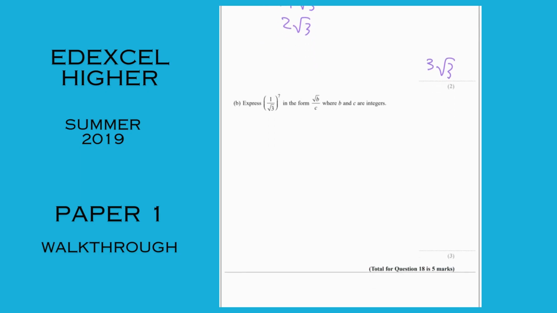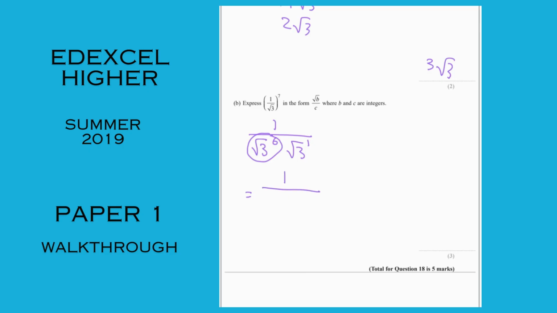B's a bit weird. Here's how I think about it. On the top, 1 to the power of 7, who cares? On the bottom, something to the power of 7 is like having something to the power of 6 times that thing to the power of 1. Why have I done that? Well, don't forget, here you've got a power to a power. You've got 3 to the half to the 6.